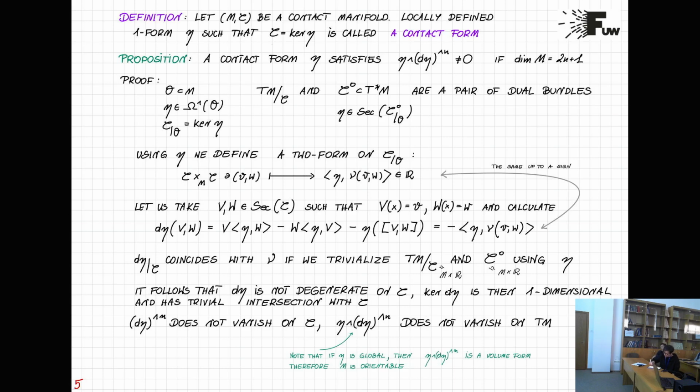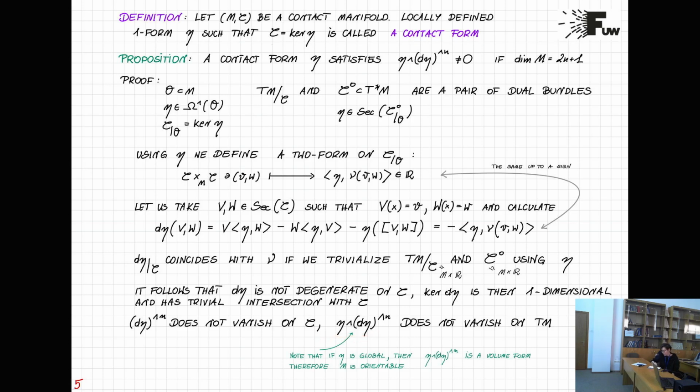Therefore, this non-degeneracy means that if I take the nth external power, I obtain a 2n form which is non-vanishing on C. And there is this one lacking dimension. When I multiply this by eta, eta does not vanish on vectors in this one lacking dimension.